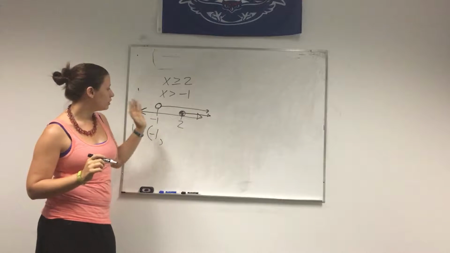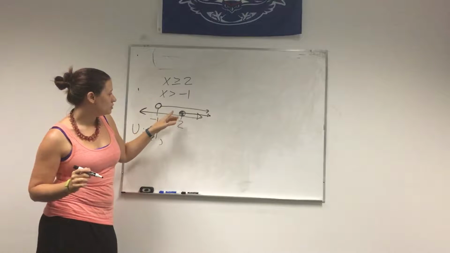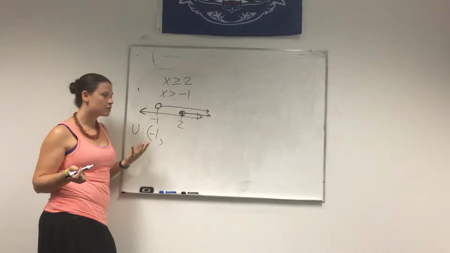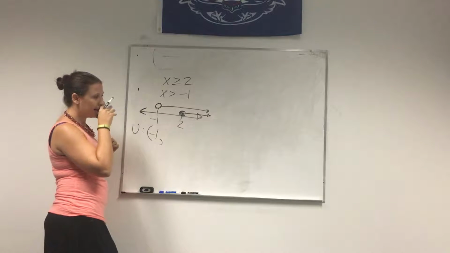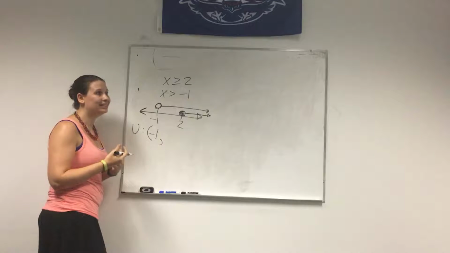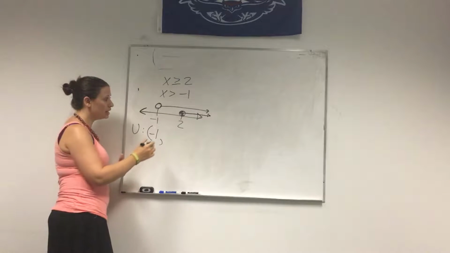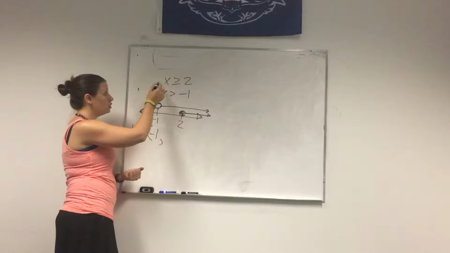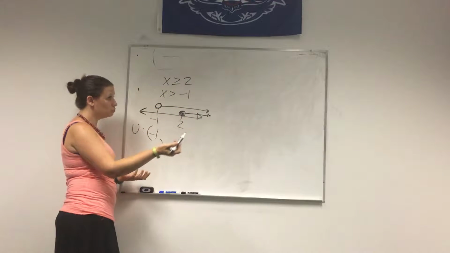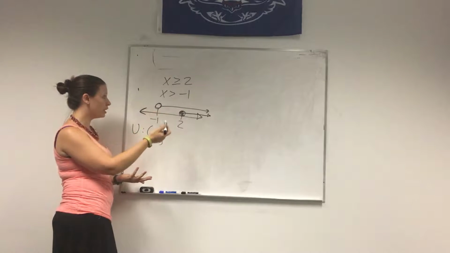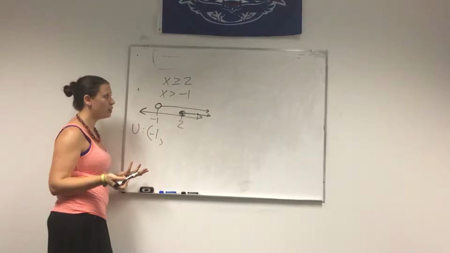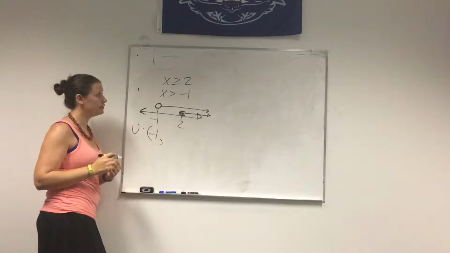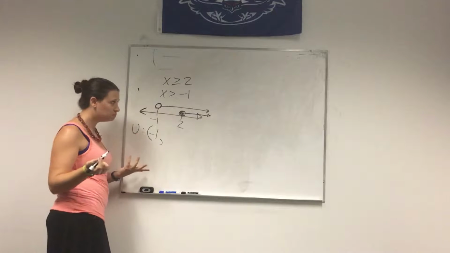So because of the open circle here, we go all the way down to -1, but not including it in the union. So, now let's go further. Is the union stopping at 2 or going past it? Well, we have to decide. It's an or, remember, it has to work in at least one of the groups. So let's plug 2 in, right? Let's see if it works. 2 is greater than or equal to 2. Yes, that works. 2 is greater than -1. That works as well. How about something past 2? How about 5? Is 5 greater than or equal to 2? Yes.